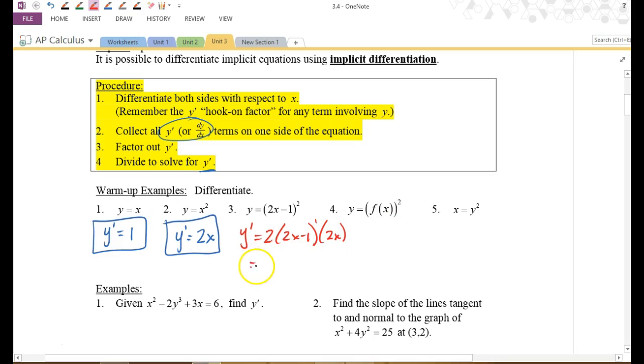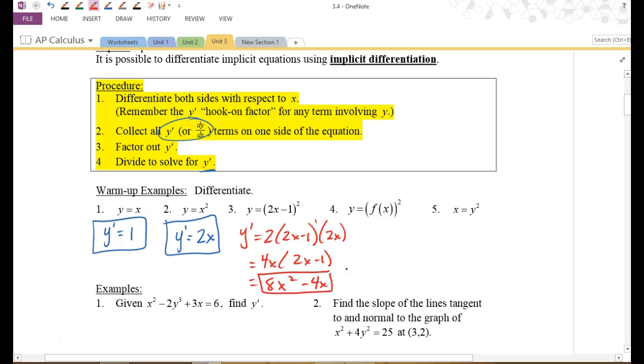You could technically leave it that way on a free response question, but I always like to simplify. So 2 times 2x makes 4x, and we distribute the 4x into the linear quantity, so that becomes 8x squared minus 4x.